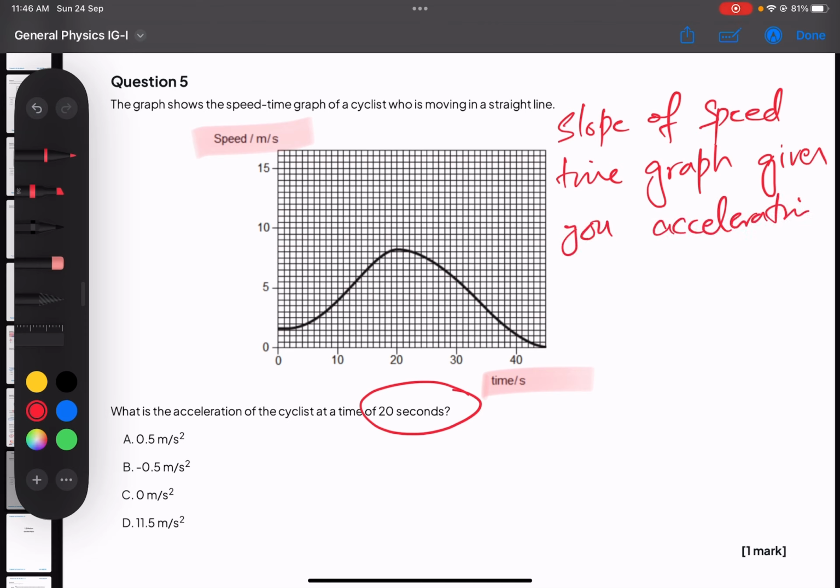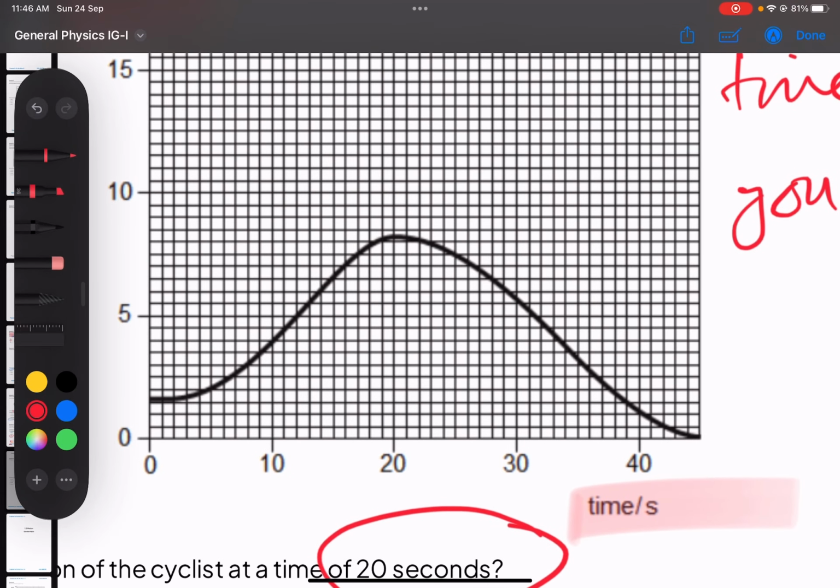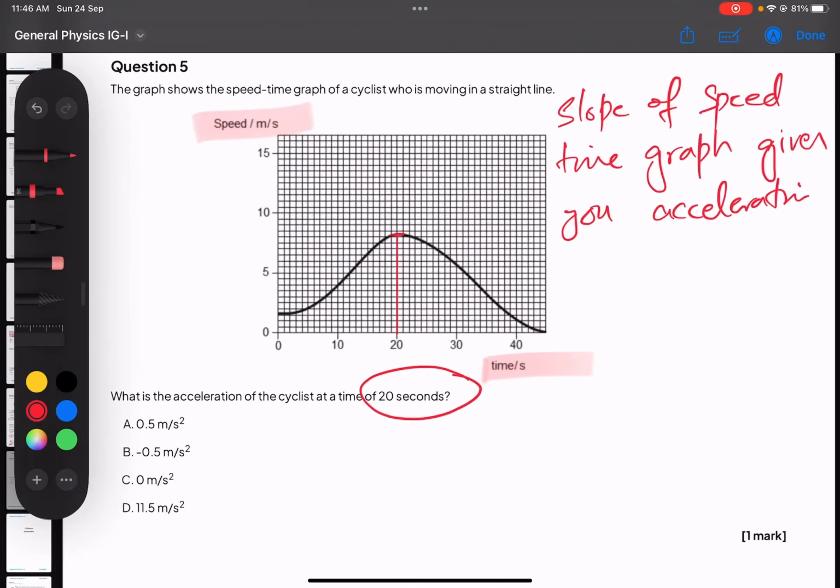So we have to look for the 20 seconds. If you look at the 20 second, the graph is at this point. This is approximately a horizontal straight line. So acceleration at that point will be 0. So it's option C.